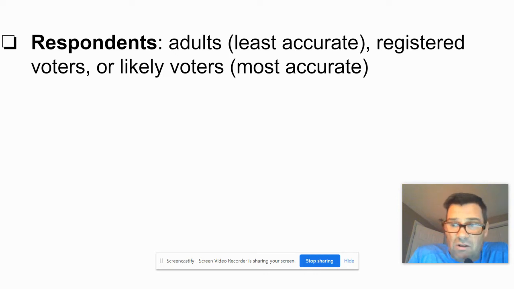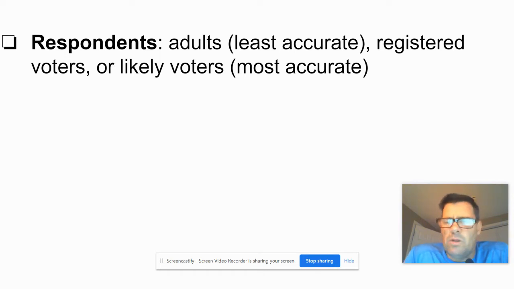If you ask registered voters, that's good, but about 40% of registered voters don't actually go out and vote, and in a midterm election it's higher, usually 60% don't vote. So that's not great. The most accurate poll is if you ask likely voters.